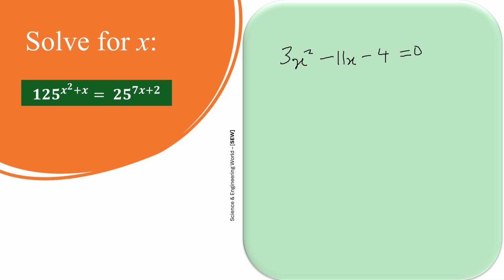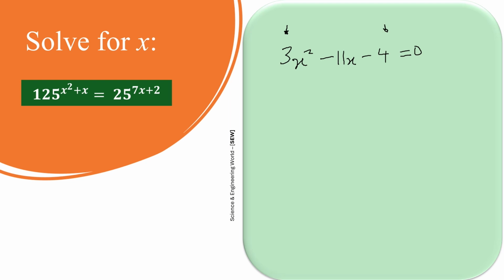I think we can factorize this. In doing factorization here, I always look at the coefficient of x squared, which is 3, multiplied by the constant, and see how I can find factors of this product to give me the coefficient of x.